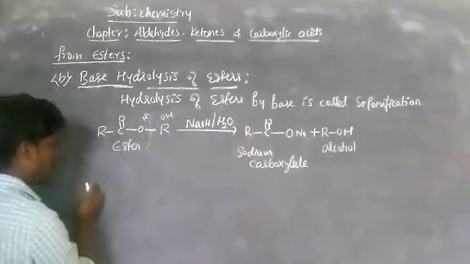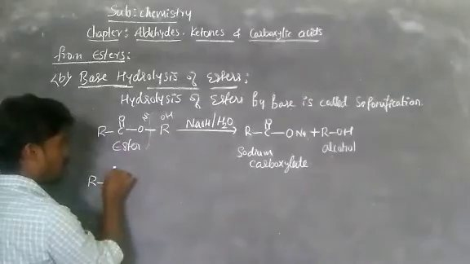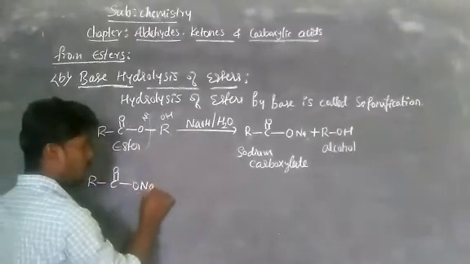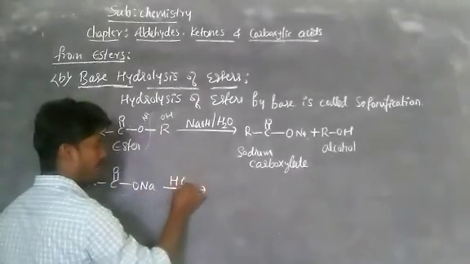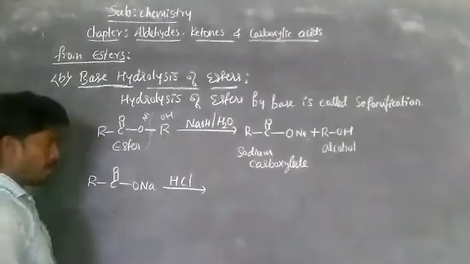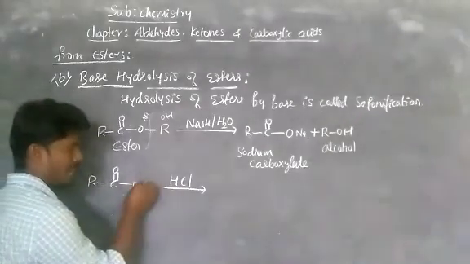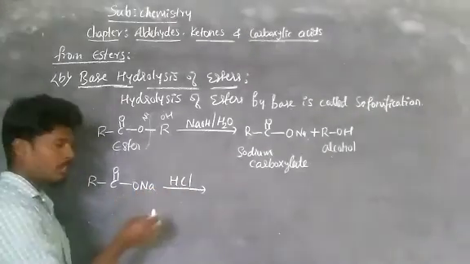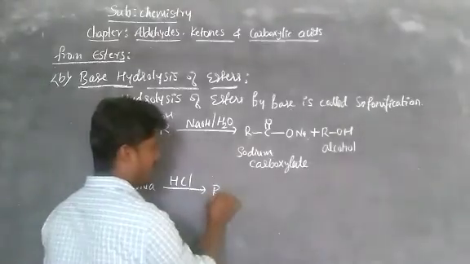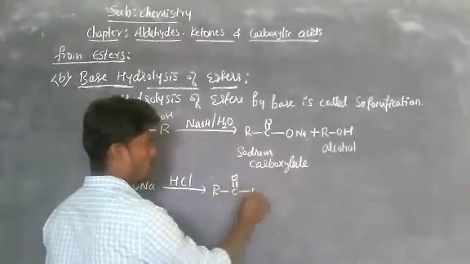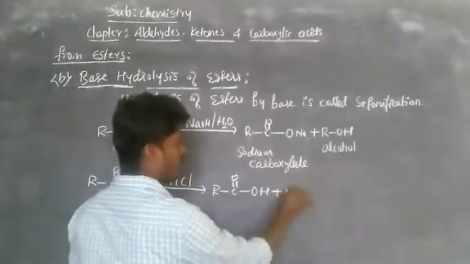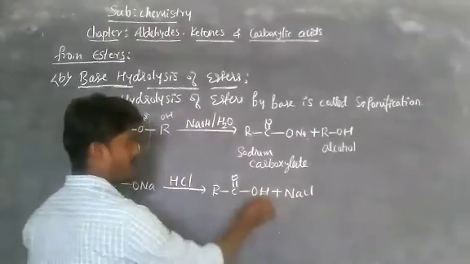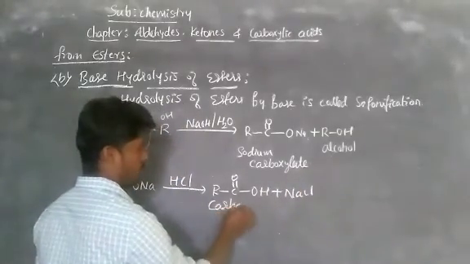Now this sodium carboxylate is neutralized. Take R C double bond O ONa, which is neutralized with HCl. In place of Na, H is added, and Na and Cl become NaCl. That gives C double bond O, OH plus NaCl. What is the name? Carboxylic acid.